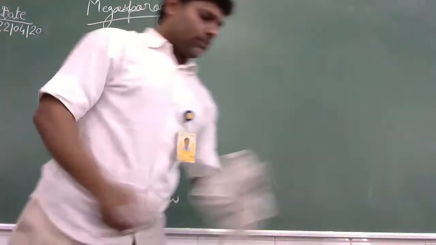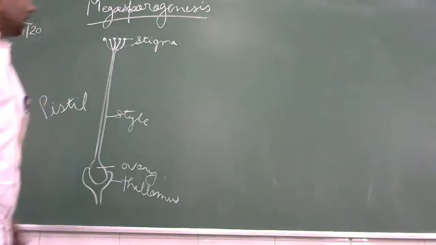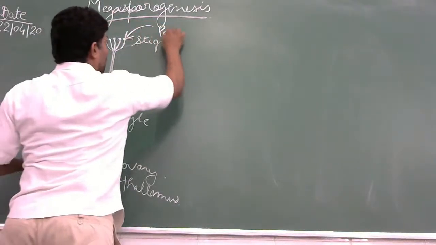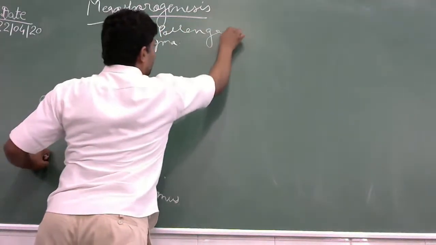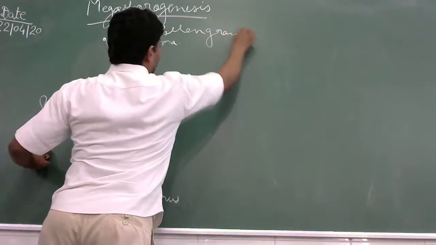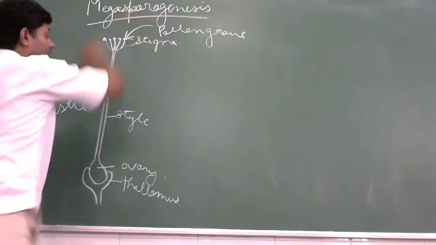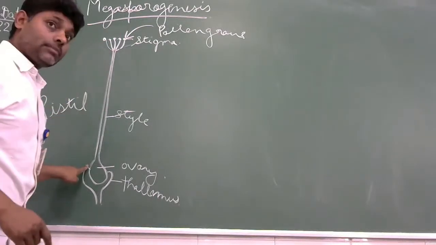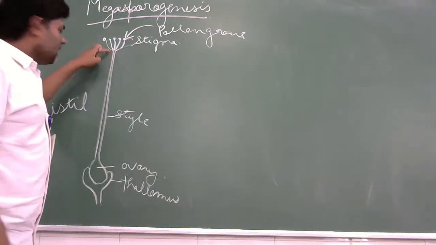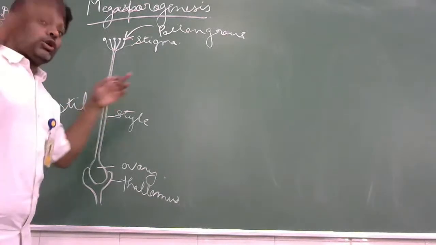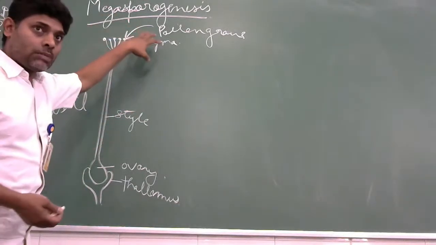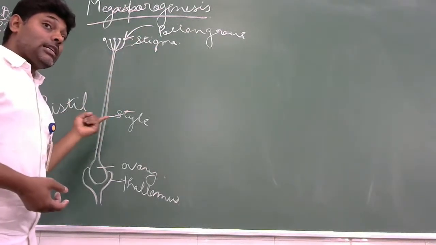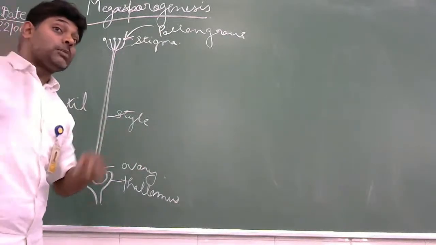What is the function of the stigma? Actually, the pollen grains will land on the stigma, right? Now, the style. This style is very long. Many pollen grains will come to the stigma, whether they belong to the same species plant or another species plant.